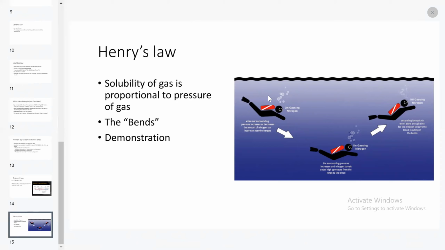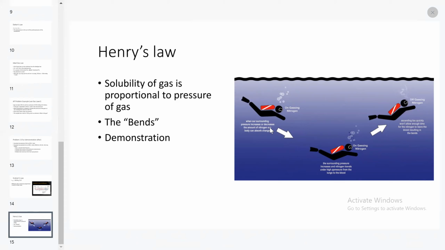When you go deeper in the water, the pressure increases because there's more weight of water pressing down on you. So that means more nitrogen gas dissolves into your bloodstream, okay?